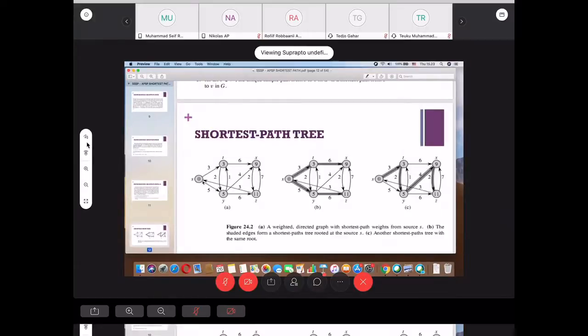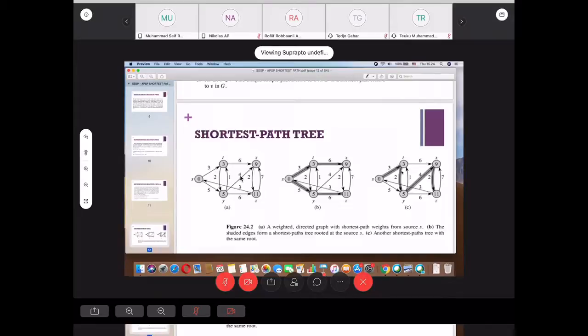Okay, how about the path from S to Y? There is a direct edge from S to Y with weight 5. And there is also another path consisting of 2 edges, starting from S through T and then to Y. In this case it's the same, right? Because 3 plus 2 is 5.